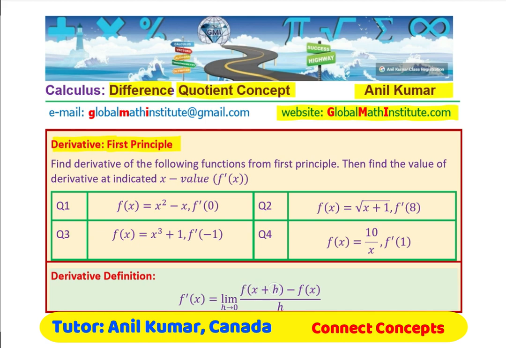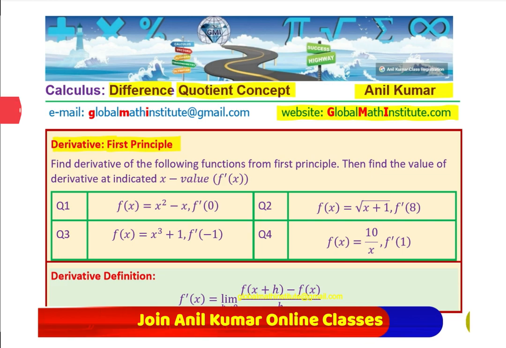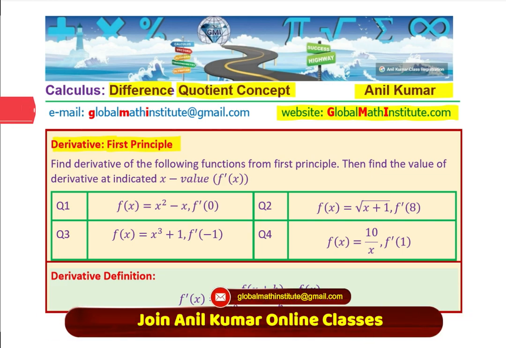And therefore, this function gives us the derivative. And using this function to find the derivative is called derivative using first principle. So that is the concept which you have to use. I hope the concept is absolutely clear. I'd like you to pause the video, answer these questions, and then look into my suggestions.